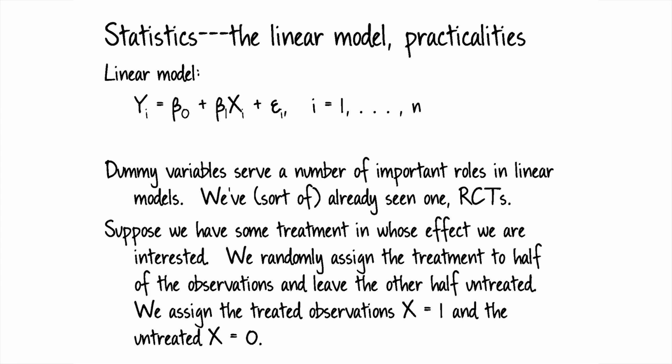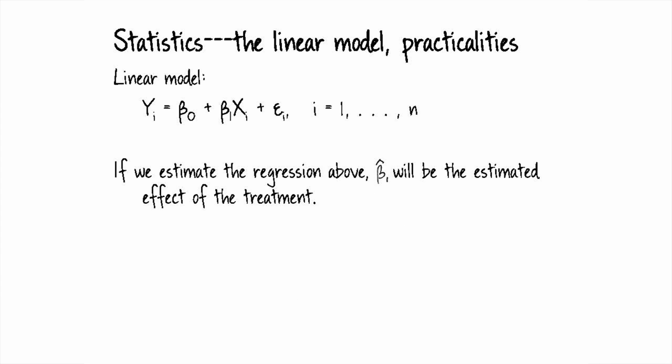Suppose we have some treatment whose effect we're interested in. We randomly assign the treatment to half of the observations, and leave the other half untreated. We assign the treated observations x equals 1, and the untreated x equals 0. Then if we estimate the regression above, beta 1 hat will be the estimated effect of the treatment.